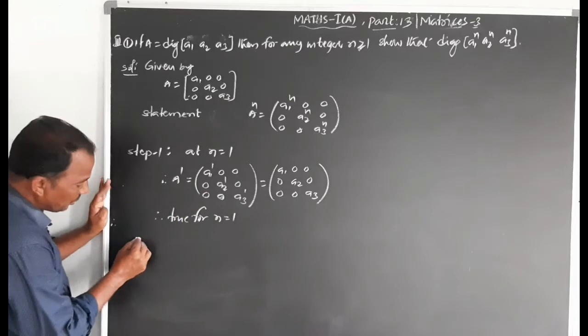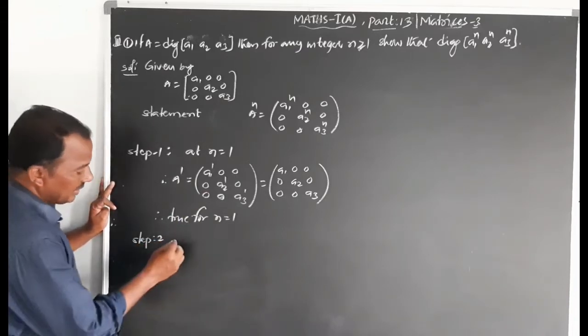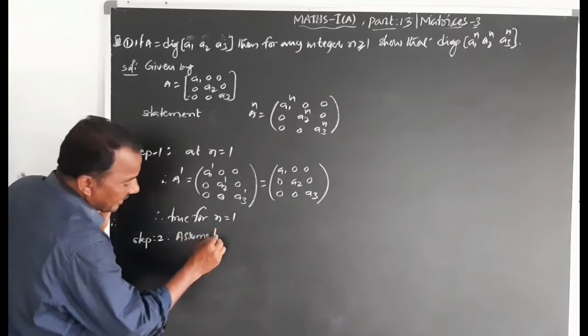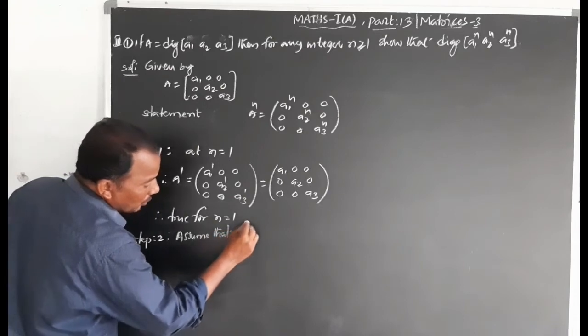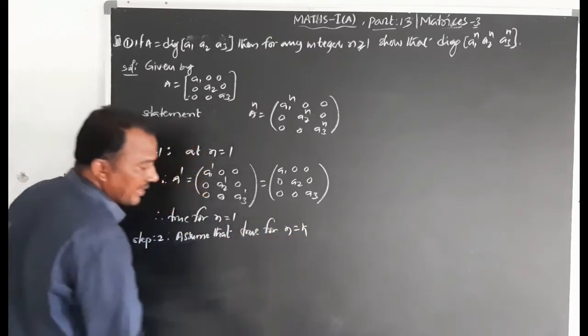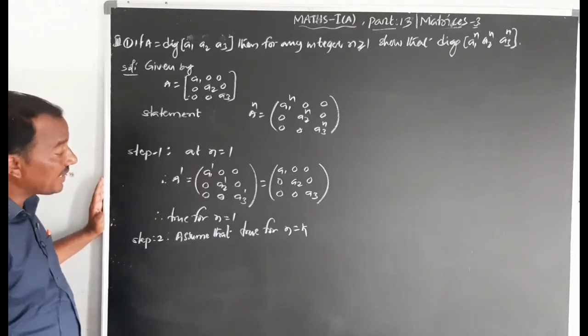Next, step 2. Assume that it is true for n equals k.